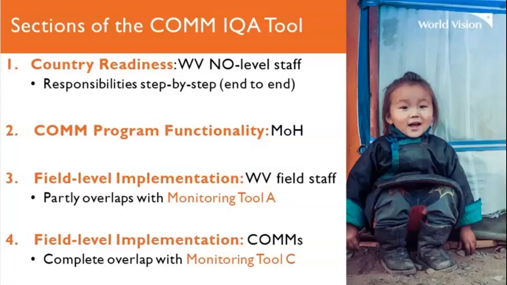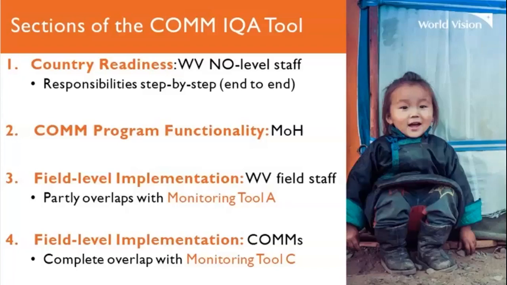So we're considering it now as a quality assurance piece of the model, that the way you set it up nationally is going to influence the quality of the program down the road.